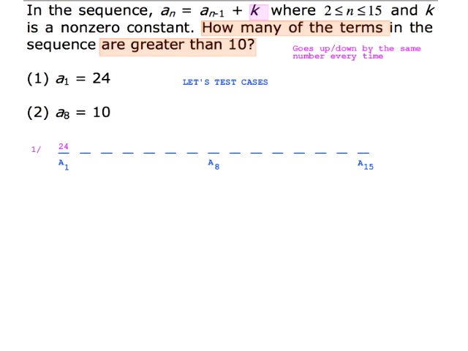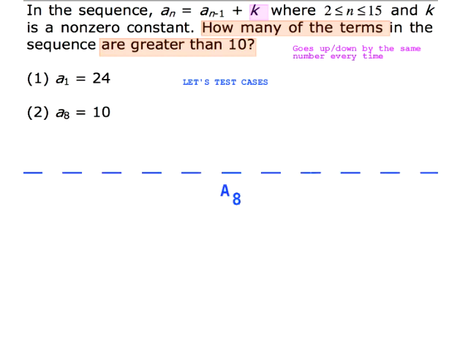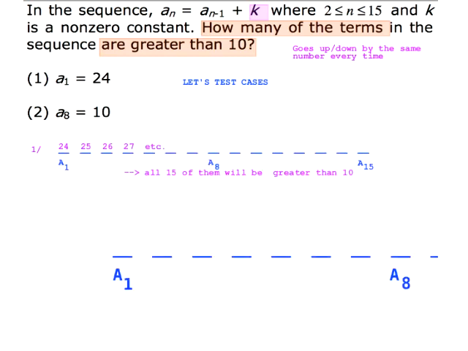Okay, for statement 1, if A1 is 24, well, one sequence I might consider is just counting. If I do this, then all 15 of them are going to be greater than 10. All right, what's my only goal in life?